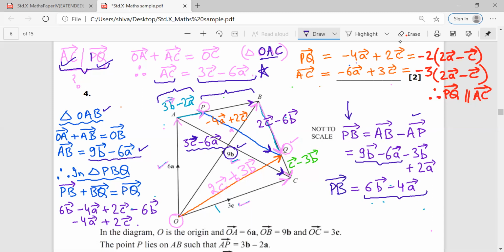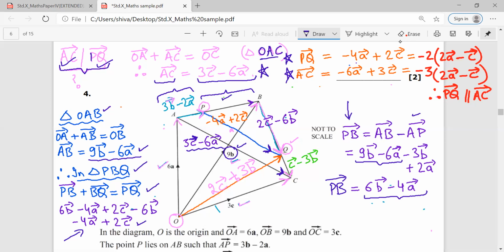Now, once I have found PB vector, I will find PQ vector using triangle PBQ. So PB plus BQ is equal to PQ, and therefore the value of PQ when I calculate is minus 4A plus 2C. So I have found PQ vector and I have also found AC vector. These two vectors are required.